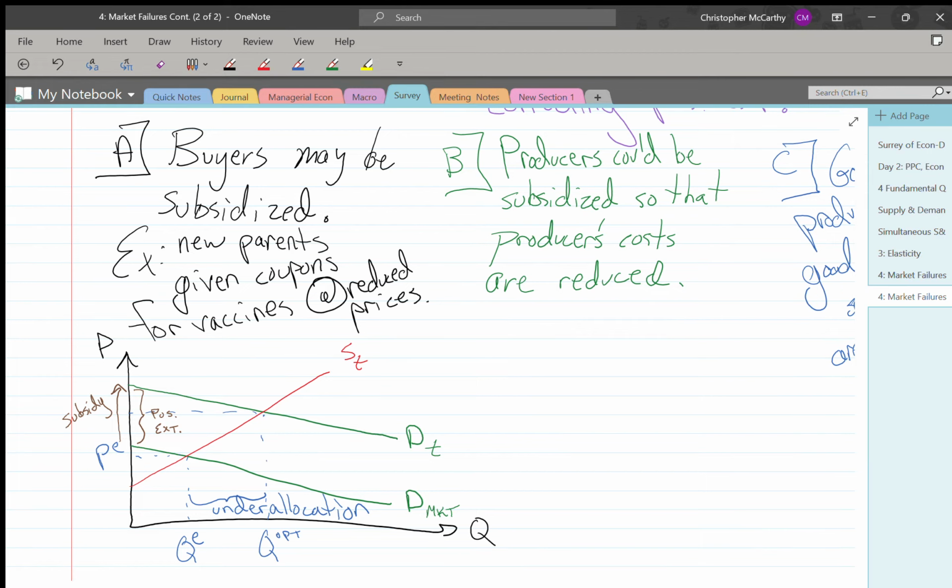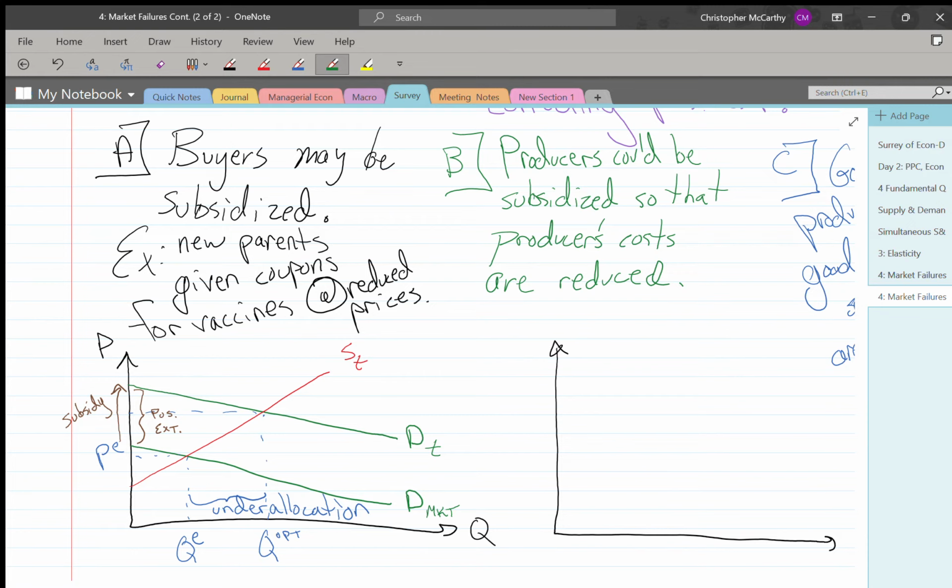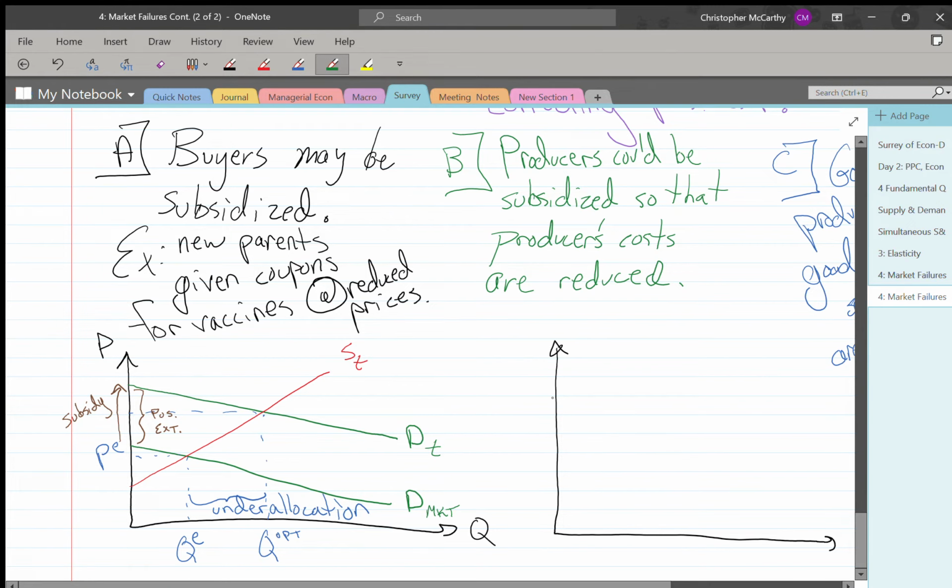Now we can also correct for the under allocation of resources via subsidy to producers. And these are all reproduced from your book, right? So if you need to look at them more, they'll also be on YouTube as well. So this is our DT, that's our socially optimal.